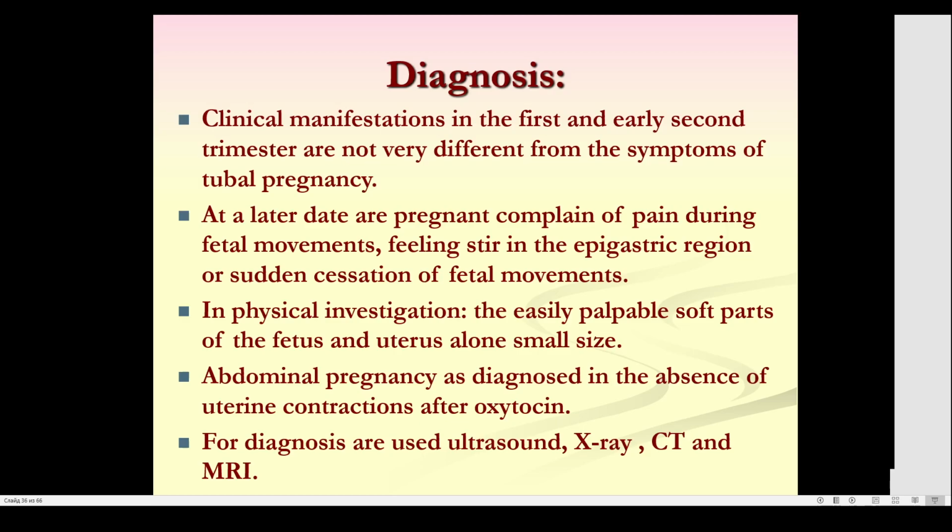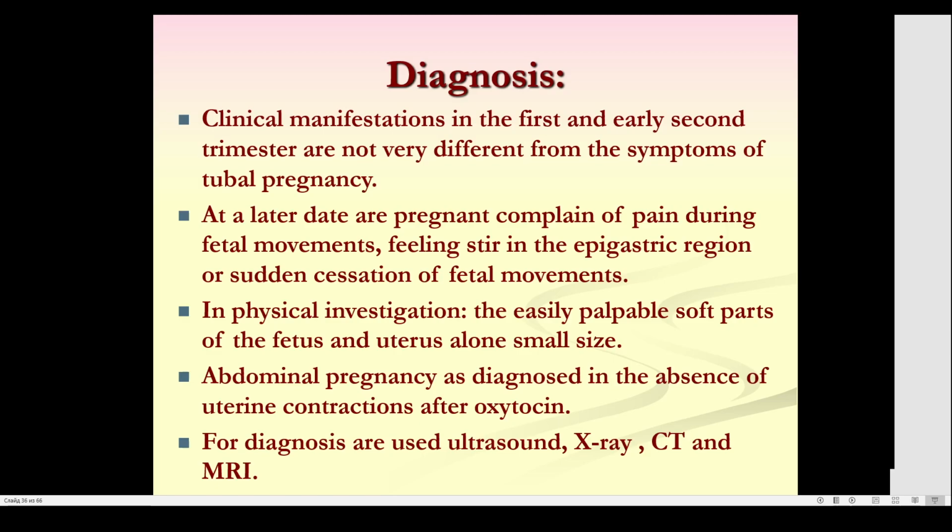In physical investigation, the soft parts of the fetus are easily palpable and the uterus alone is small in size. Uterus again does not correspond with gestational age. There may be enlargement of the uterus because of decidua and muscular transformation, but the uterus is smaller than gestational age.